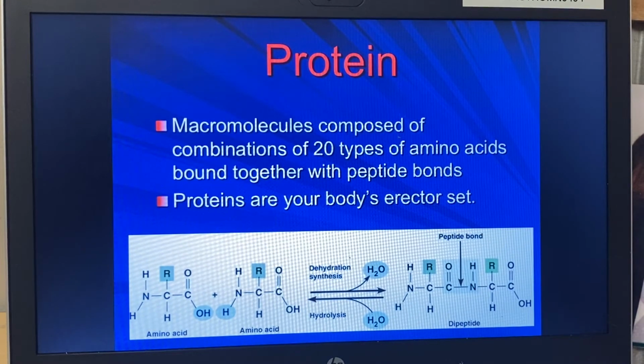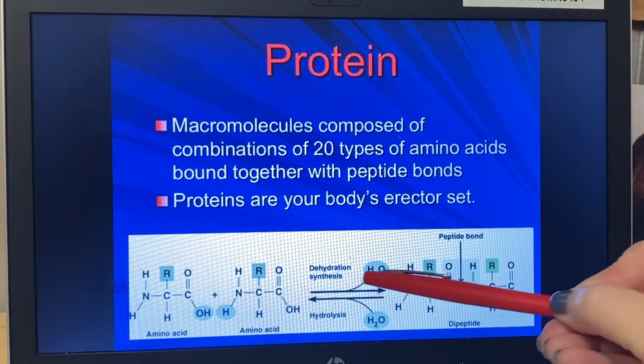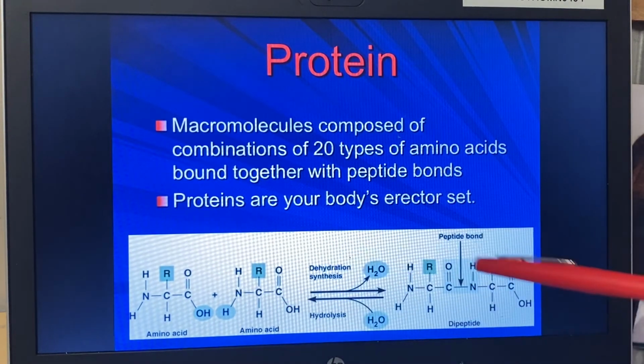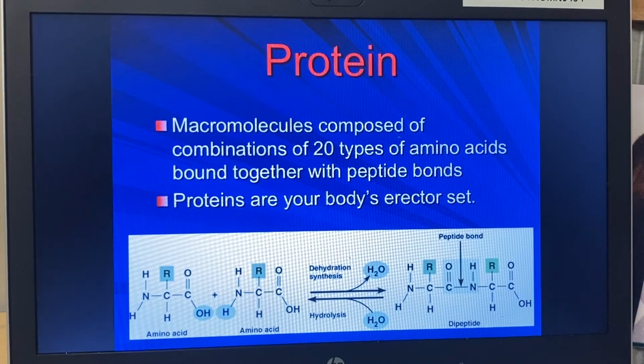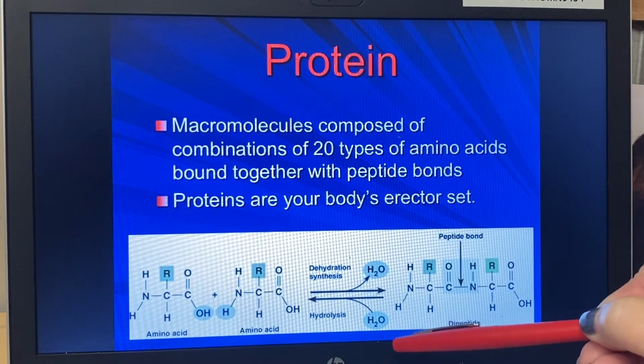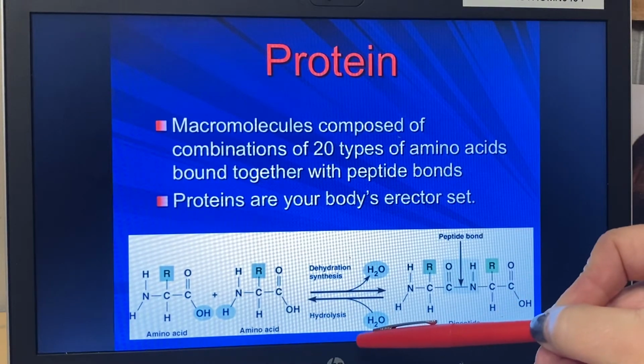So this process is called dehydration synthesis, where we're removing a molecule of water, and it's the way to take amino acids, join them together so they form proteins. The opposite is if you have a protein and you want to break it apart into amino acids, all you need to do is add a molecule of water, and we call that hydrolysis.